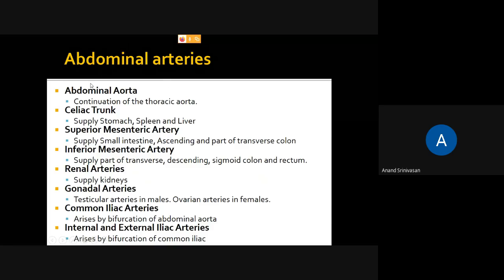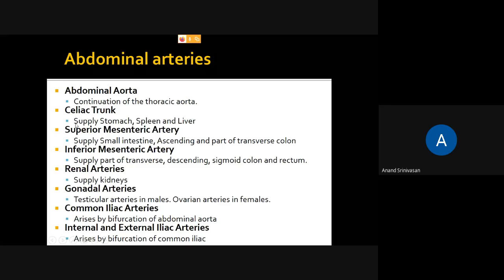All right, so from the abdominal aorta, there is the celiac trunk, superior mesenteric artery, inferior mesenteric artery, renal arteries, gonadal arteries, common iliac arteries, and internal and external iliac arteries.